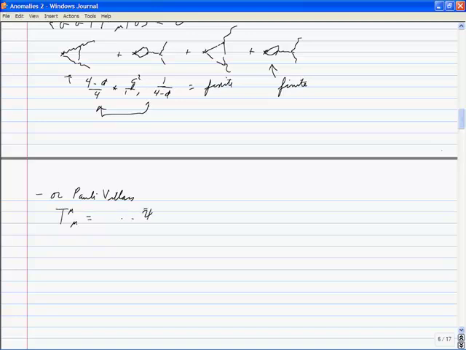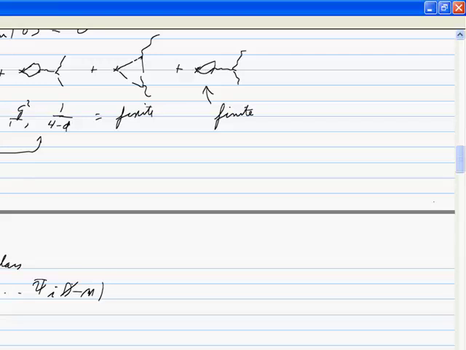Let's take the fermions, psi bar i d slash minus m, maybe a term like that, and you take some heavier guy.